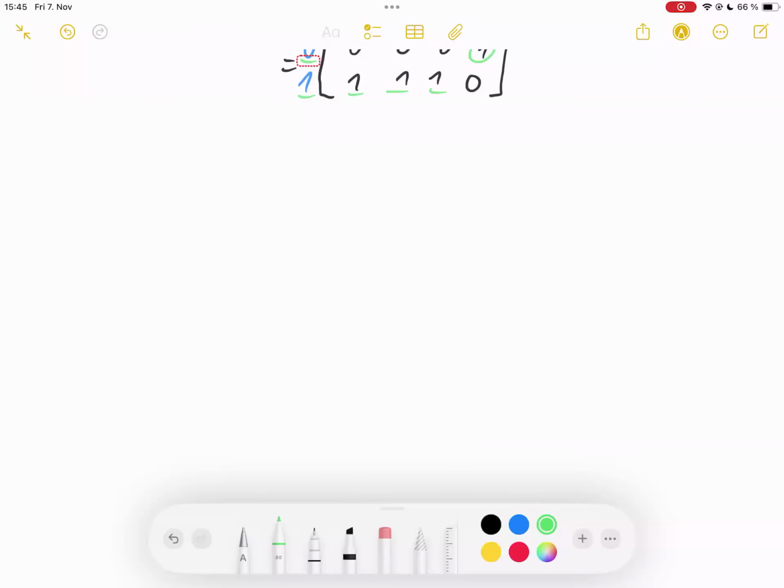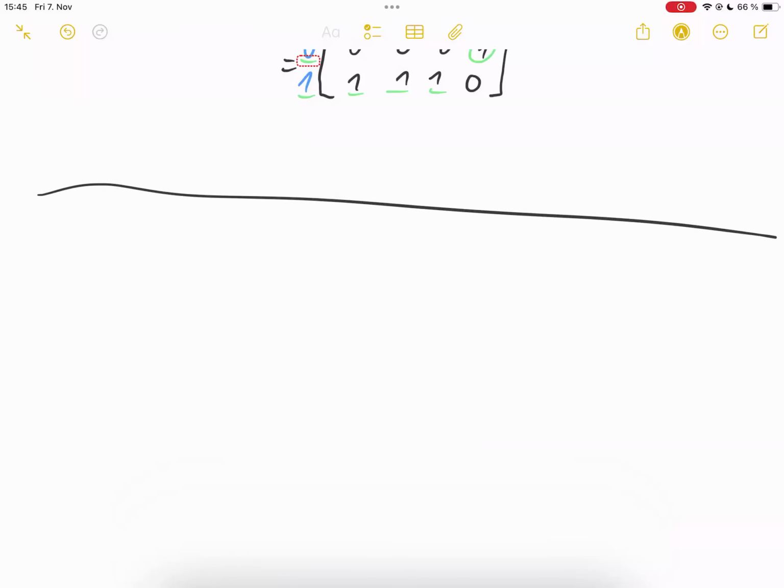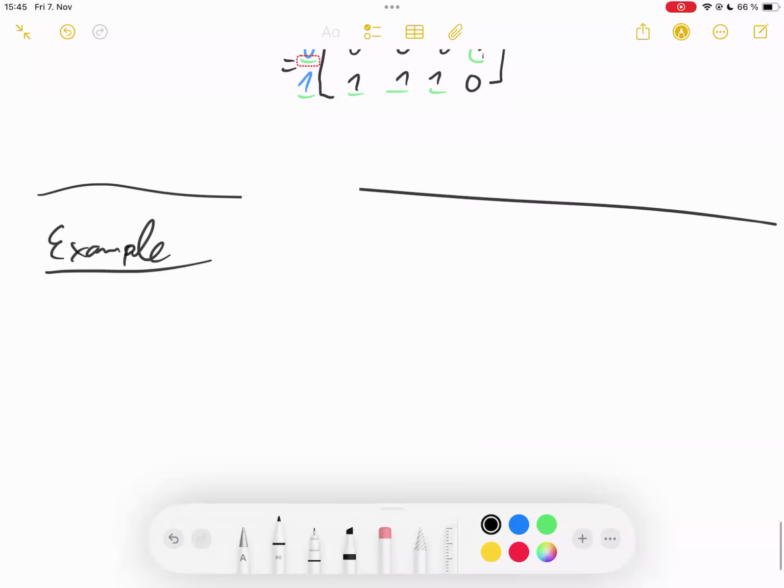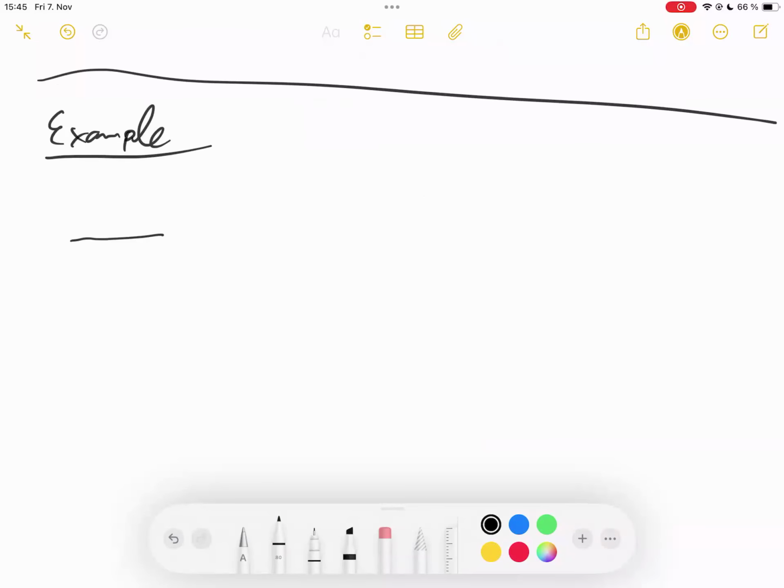What I want now as an example is a somewhat more sophisticated circuit, just combining all that we have learned so far. So I will have one bit and a NOT gate.